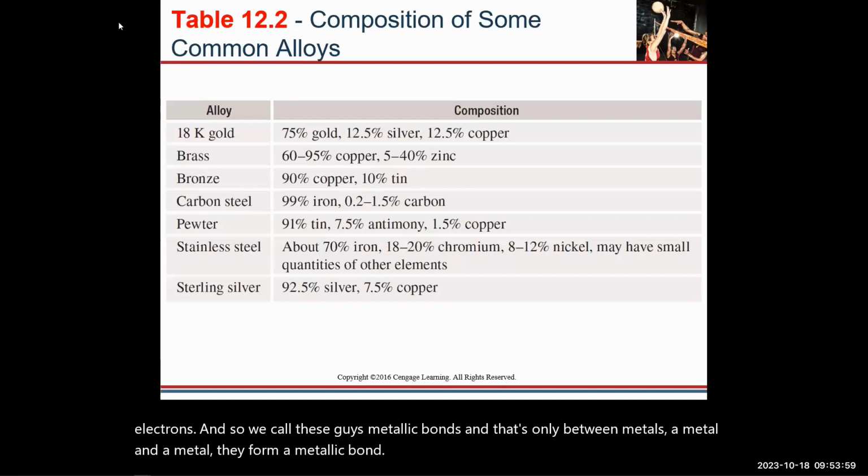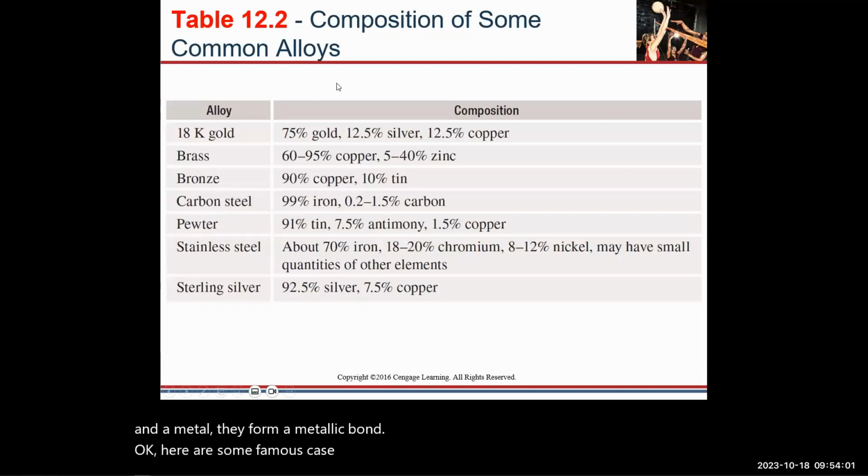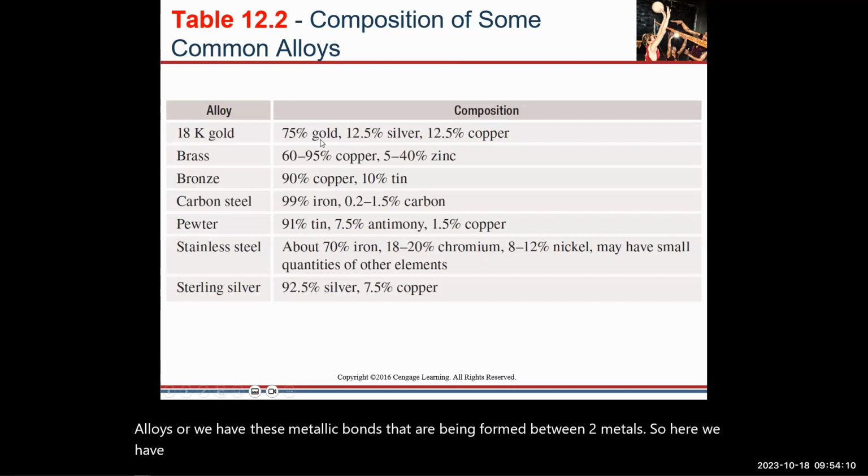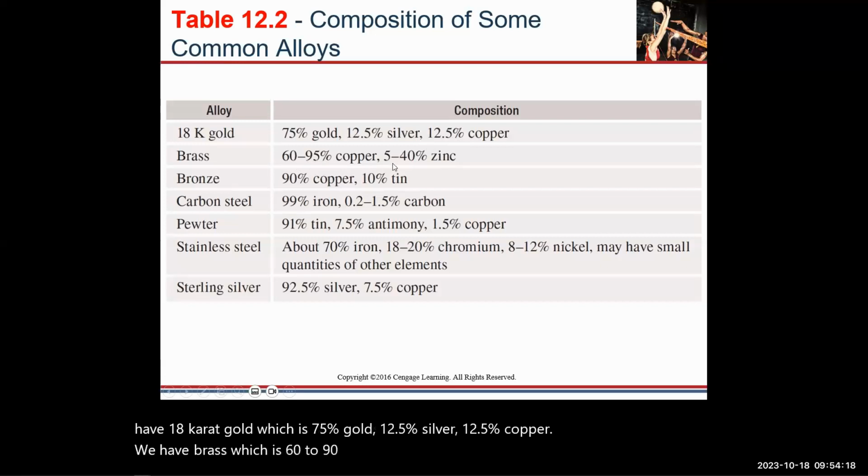Okay, here are famous cases where we have alloys, or we have these metallic bonds being formed between two metals. So here we have 18 karat gold, which is 75% gold, 12.5% silver, 12.5% copper. We have brass, which is 60 to 95% copper, and then it's 5 to 40% zinc.